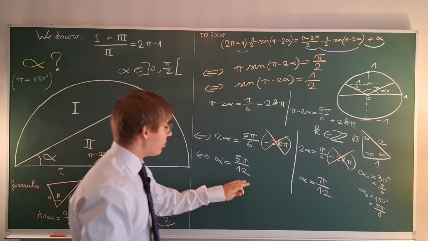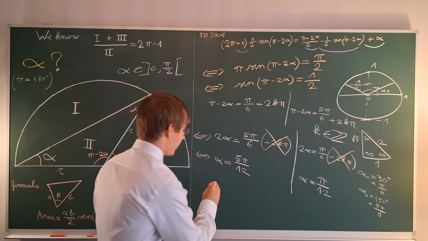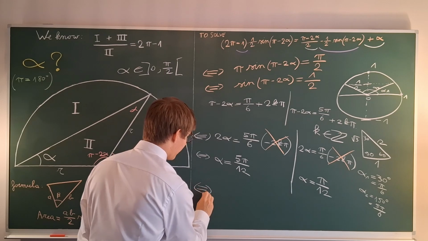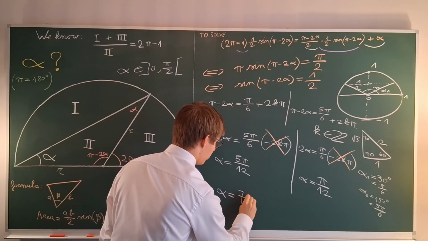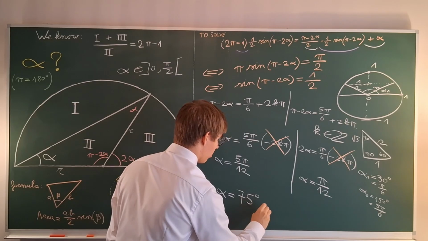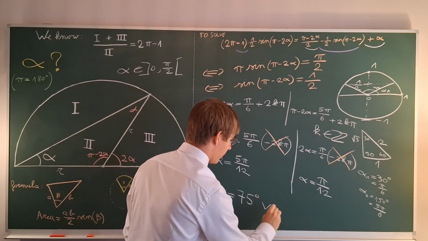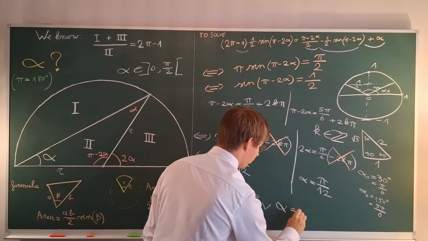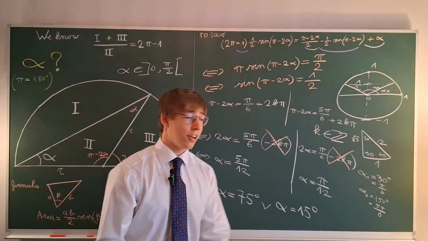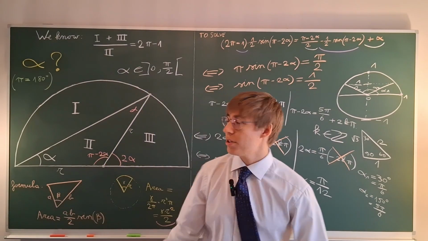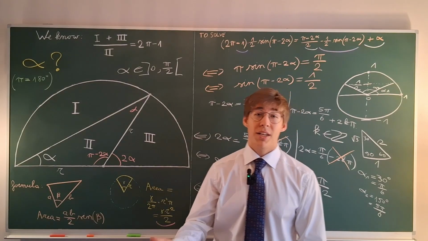And if we now compute this into degrees, then this becomes that alpha is equal to 75 degrees, or alpha is equal to 15 degrees. And those are our two solutions to the problem.